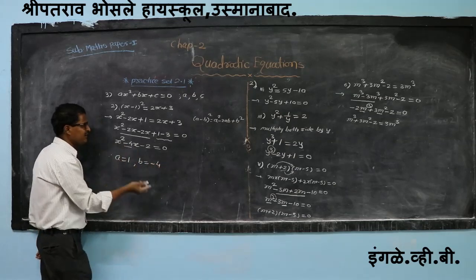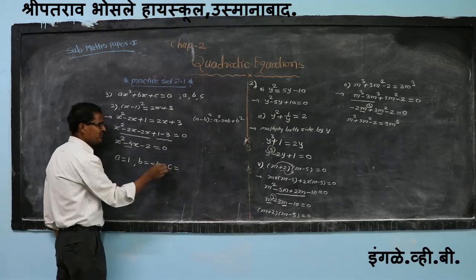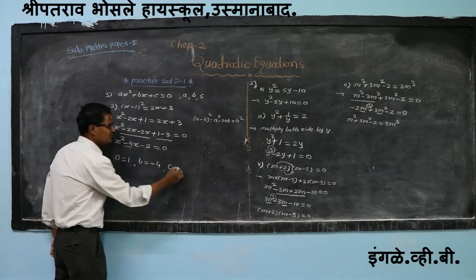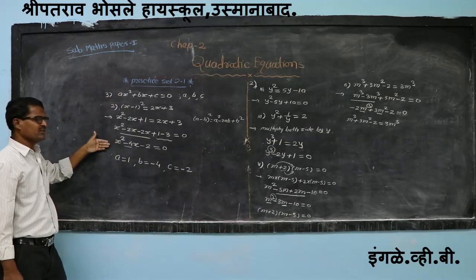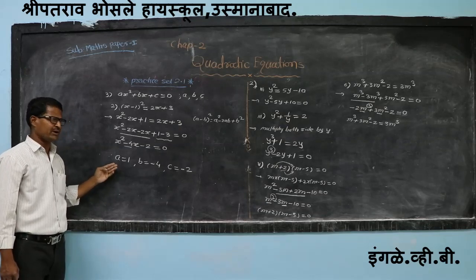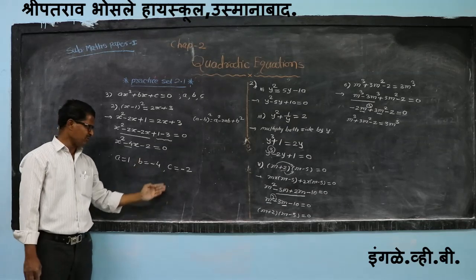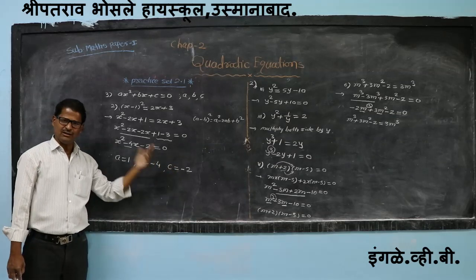Take the minus sign here. And the constant term c is equal to minus 2. So here we convert the given quadratic equation in standard form and then we can easily find the values of quadratic coefficient, linear coefficient, constant term, that means a, b and c.